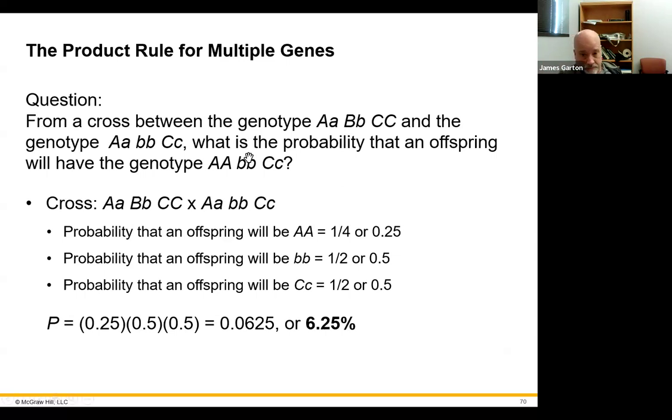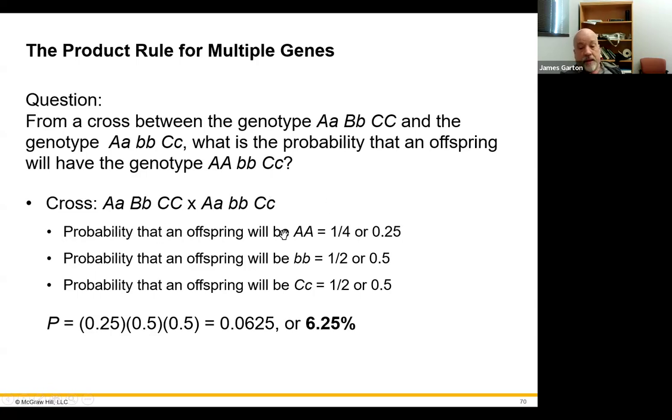So you have this cross: an individual heterozygous at A, heterozygous at B, homozygous dominant at C, crossed with an individual heterozygous for A, homozygous recessive for B, heterozygous for C. What's the probability they will have an offspring with the genotype capital A, little b, capital C, little c? And it's assuming that these are inherited independently.